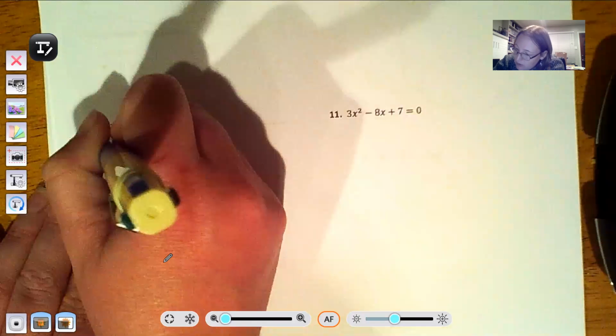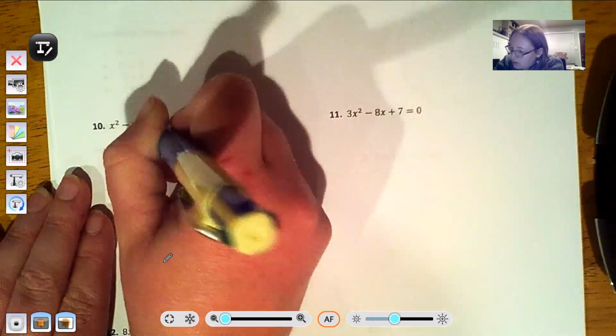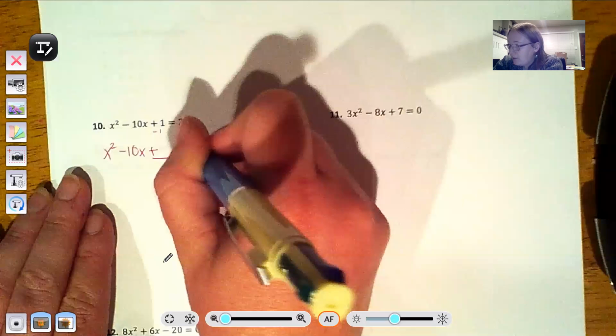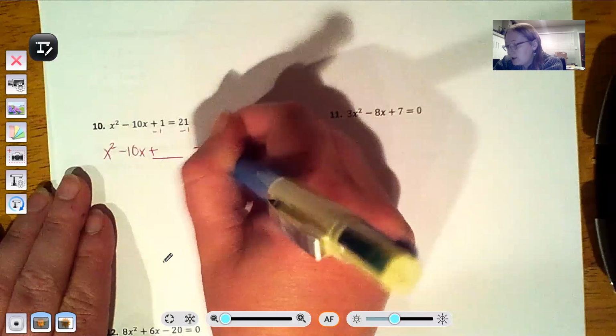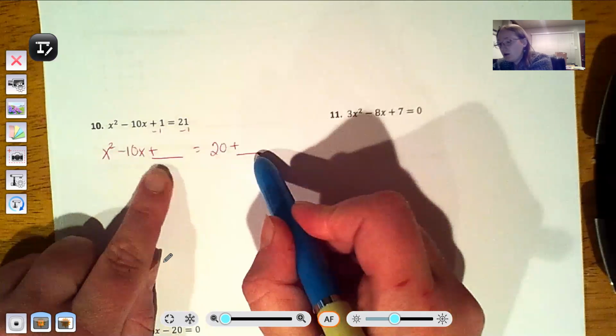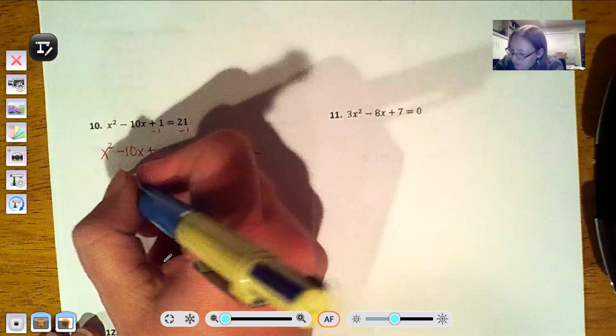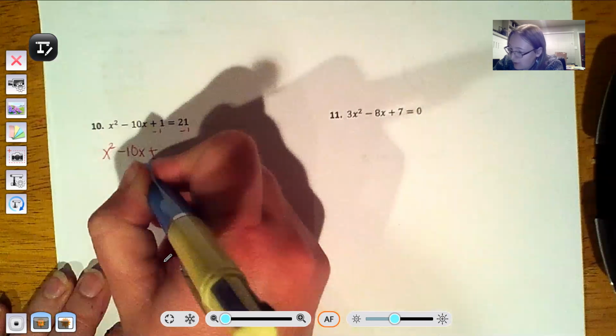So we're going to have x squared minus 10x plus blank. To get that blank there, I end up doing 20 plus blank. So I've added a blank to both sides, and I've got it so just my x's are by themselves, so I can complete that square. So I'm going to take half of my b and square it.